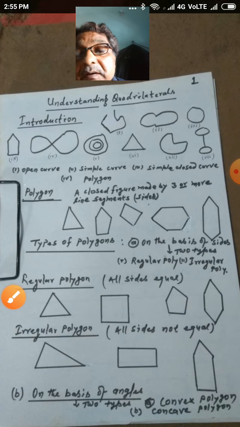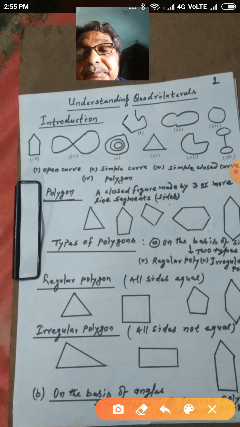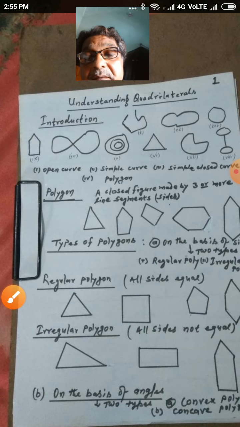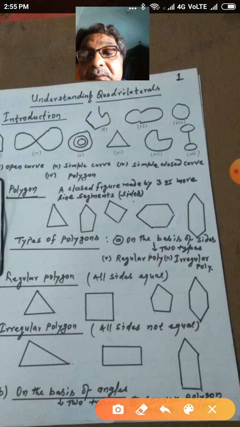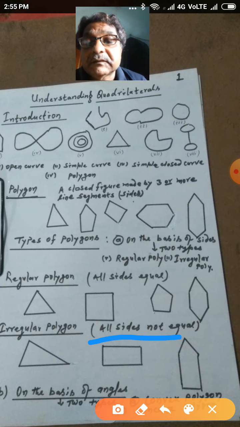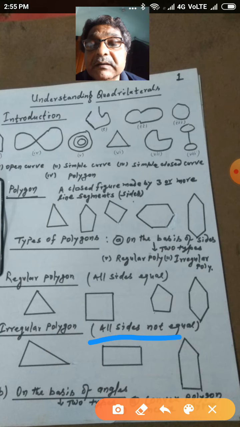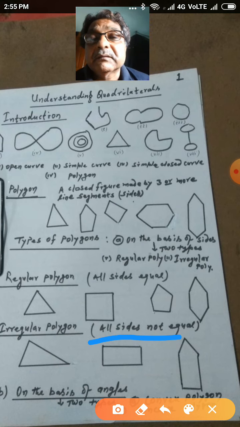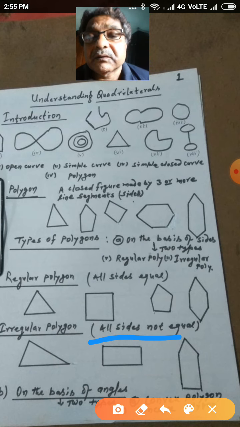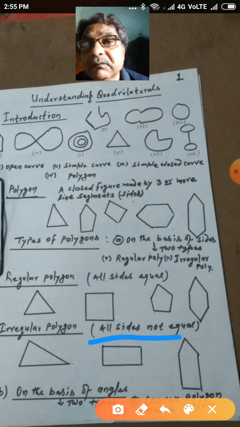Okay student. Now come to irregular polygon. Here also it is written that an irregular polygon is one whose all sides are not equal. So we can define that such polygons whose all sides are not equal are called irregular polygons, as we have seen that when all sides are equal they are called regular polygons.